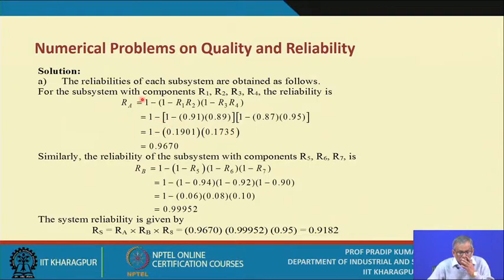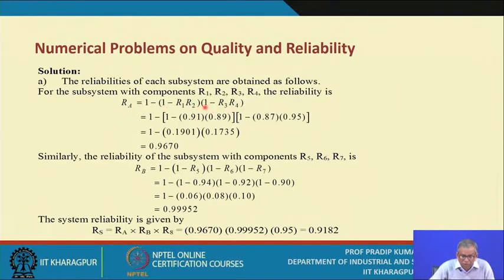Now how do you get a solution? The reliabilities for each subsystem are obtained as follows. For the subsystem with components R1, R2, R3, R4, you compute R1, R2, which are in series, and then they are in parallel with R3, R4, so 1 minus R3, R4.